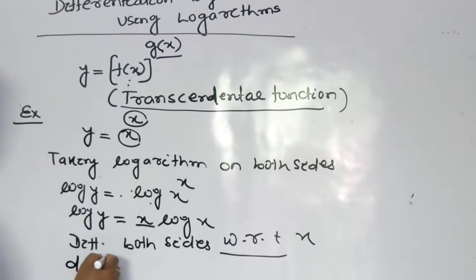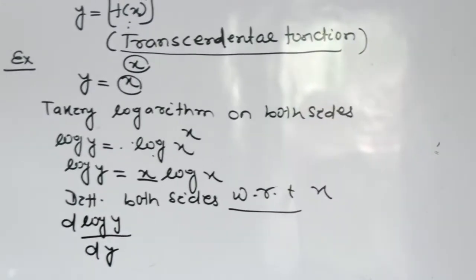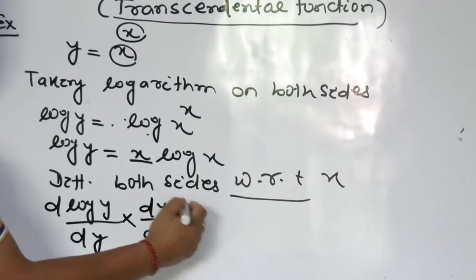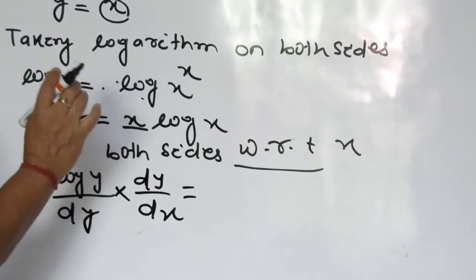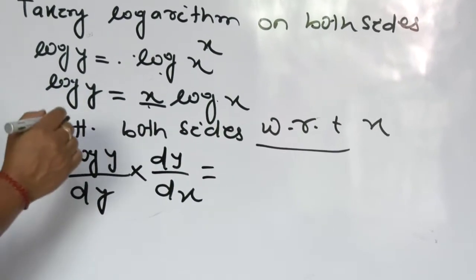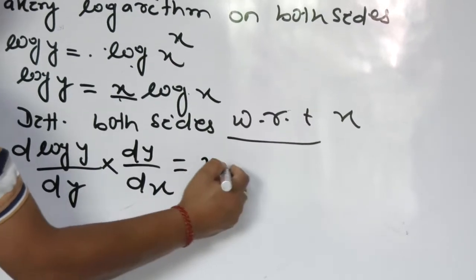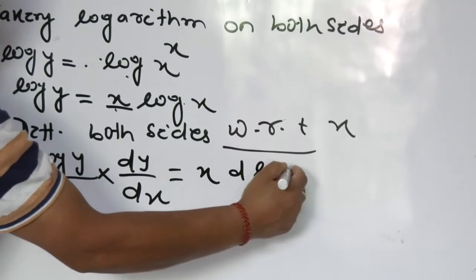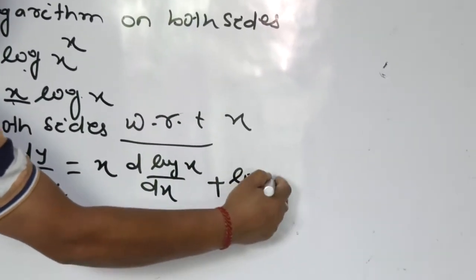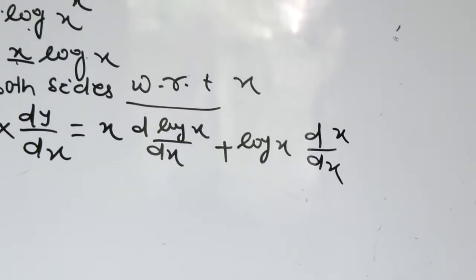The derivative of log y with respect to y, by using chain rule, into dy by dx equals, on the right hand side, the product of two functions x and log x. So we have used the product rule. Taking x as fixed, differentiate log x first, plus log x fixed, differentiate x with respect to x.